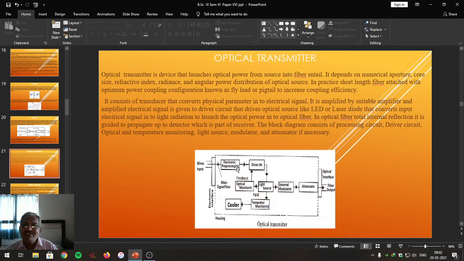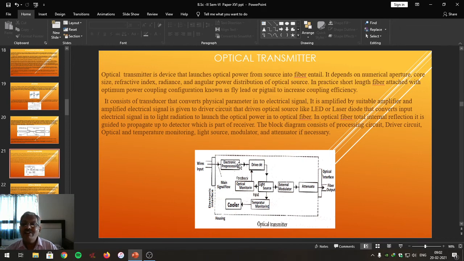Now, the electrical processing circuit is a kind of circuit that amplifies the electrical signal applied at its input to the required level. So basically we can say the electronic processing circuit may be an amplifying device or amplifying circuit. Maybe this electrical signal is modulated in the processing circuit only.